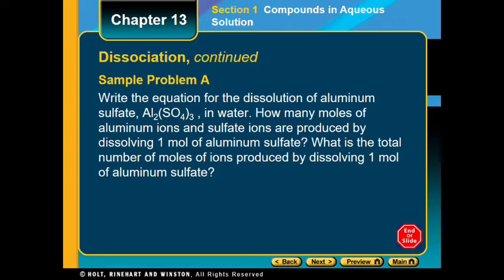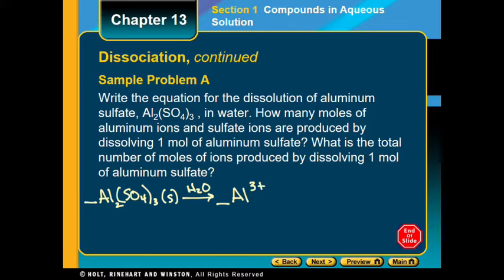So aluminum sulfate, Al2(SO4)3. This is a solid state, so it is important that you put your states. It is dissolving in water, dissociating in water to yield aluminum ions.